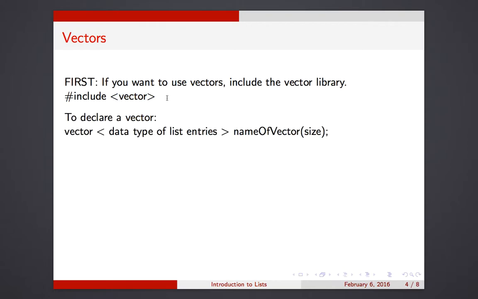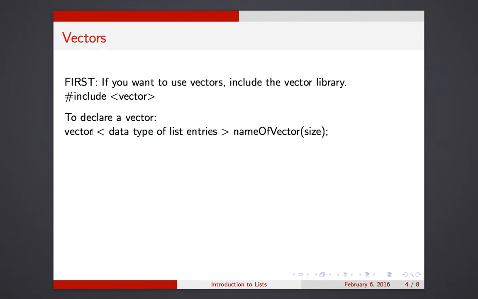So here is how you create a list. First, you say, hey, I'm creating a list. Then you tell it what kind of list it is. So if you want a list of whole numbers, you would put int right here. If you want a list of words, then I suppose you would put string right here. If you want a list of true-false values, you would put bool right there.